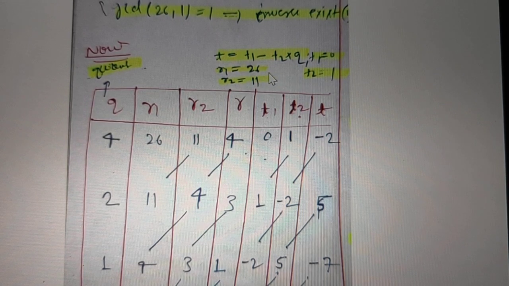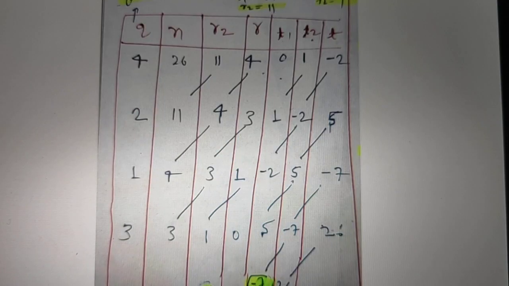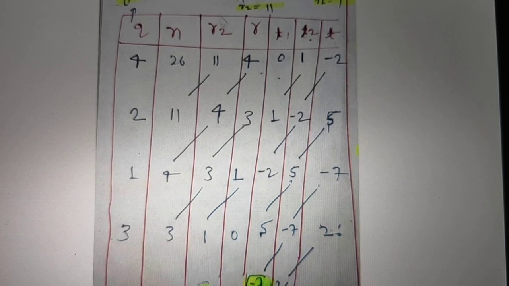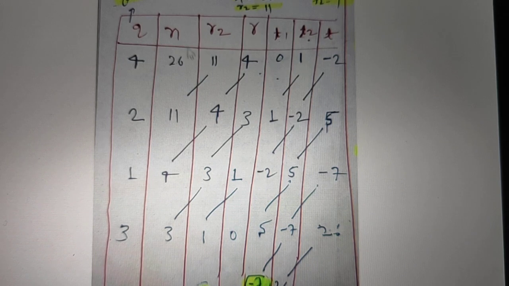Then R1 equal to 26 and R2 equal to 11, as we have to find the inverse of 11. We go through Q, R1, R2, R, T1, T2, T in a systematic table form.